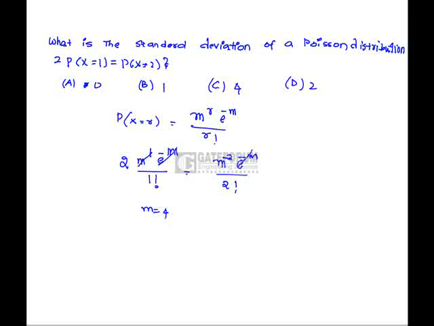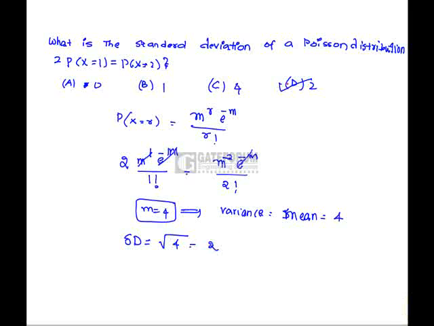M is equal to 4. Hence variance and mean are both equal to 4. Hence standard deviation is equal to the square root of variance, that is 2. Hence option D is correct.